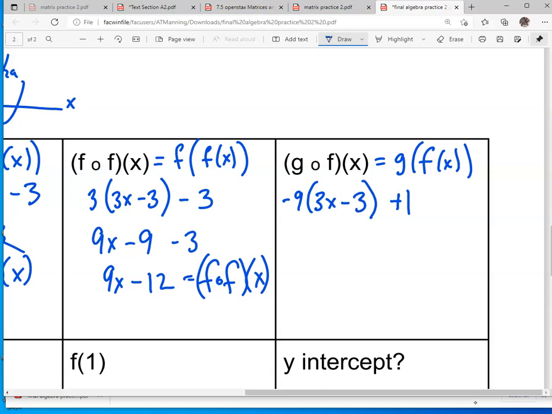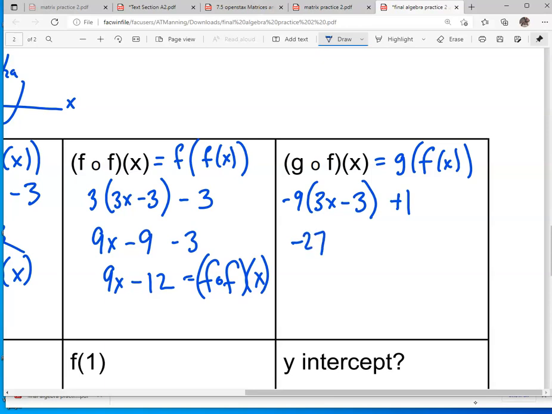I find this is very helpful for me to get this composition just right. Think of the input for g as some number that I put in parentheses. That number is what f of x is. Now, multiply it out. Negative 9 times 3, negative 27x.